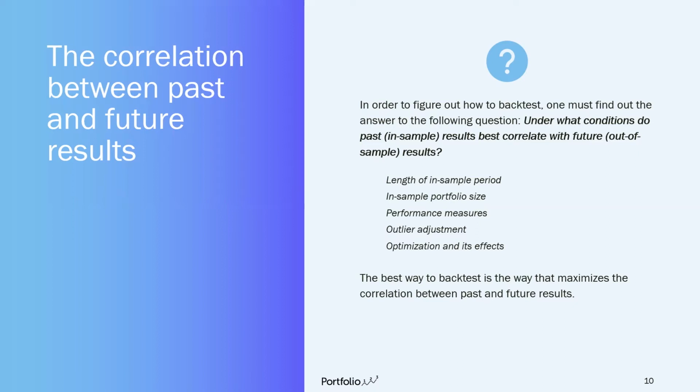How many years should be backtested? How large a portfolio should be backtested? What performance measures should I use? Should backtested results be adjusted for outliers? How will optimization affect this correlation? The best way to backtest is the way that maximizes the correlation between past and future results.